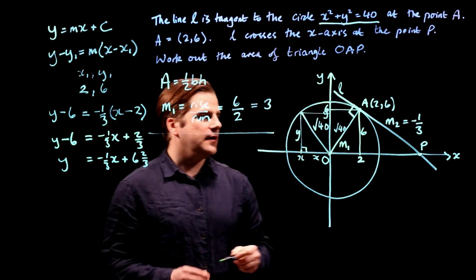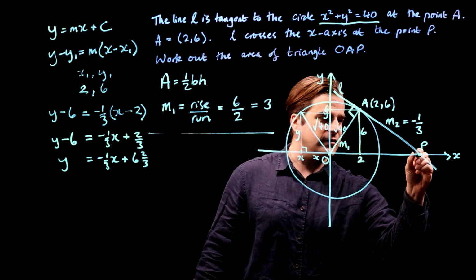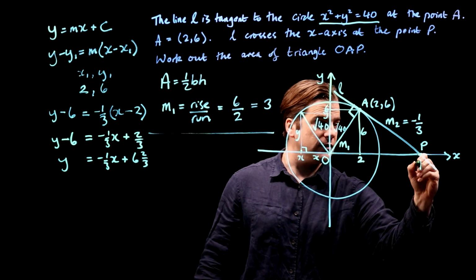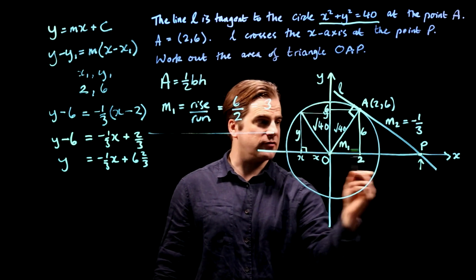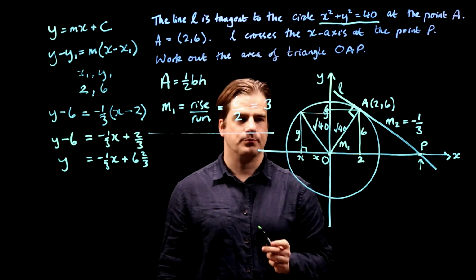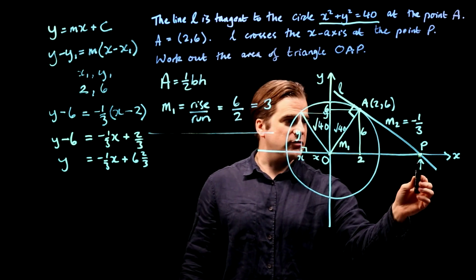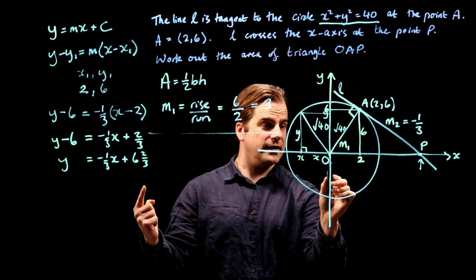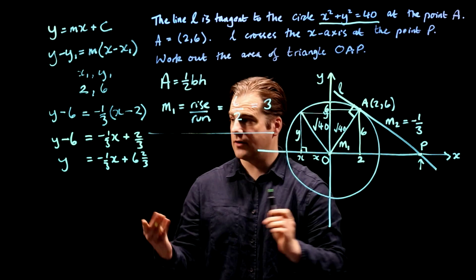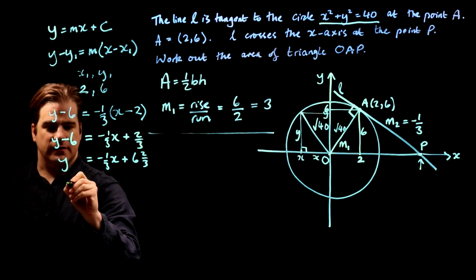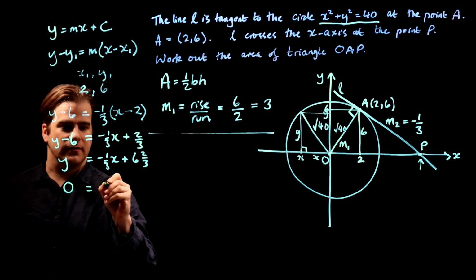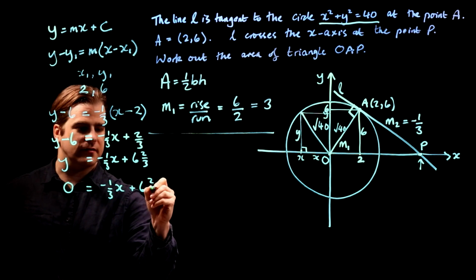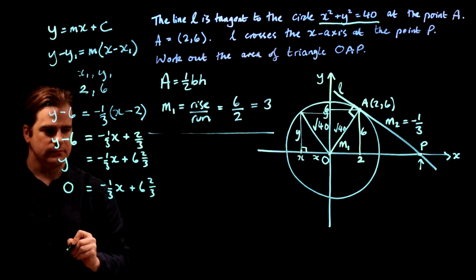Now, we're interested in where L crosses the x-axis. We want that value of x right there, because that will give us the base of our triangle. This line crosses the x-axis when y is 0, so we just set y equals 0. So 0 equals minus a third x plus 6 2/3.